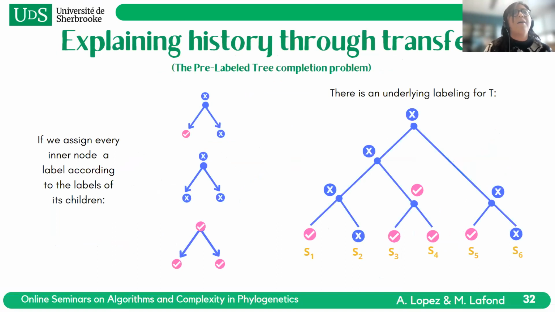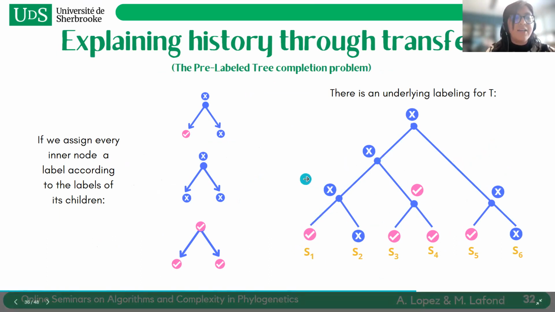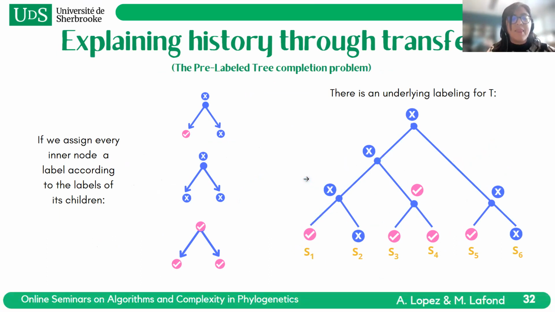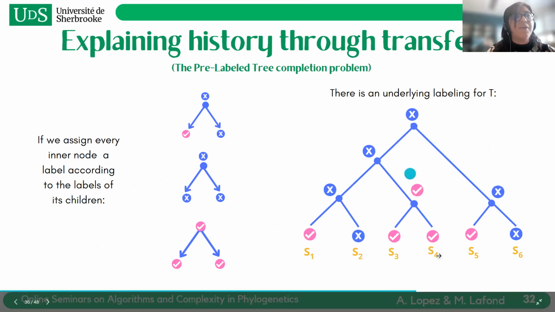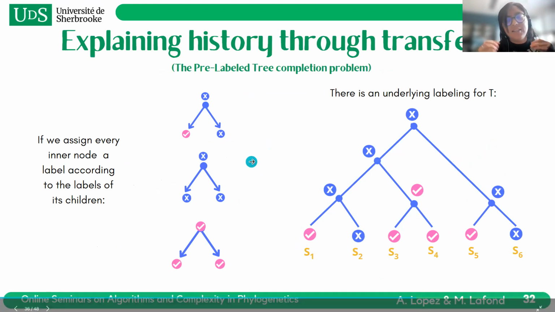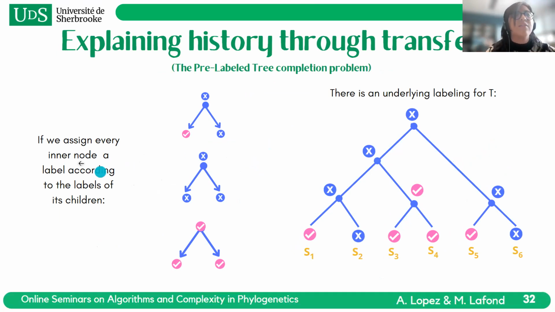So an important observation before solving this problem is that every given network actually has an implicit labeling for the given tree. We can see this as a sort of Fitch labeling, where we assign every inner node a label according to the label of its children.